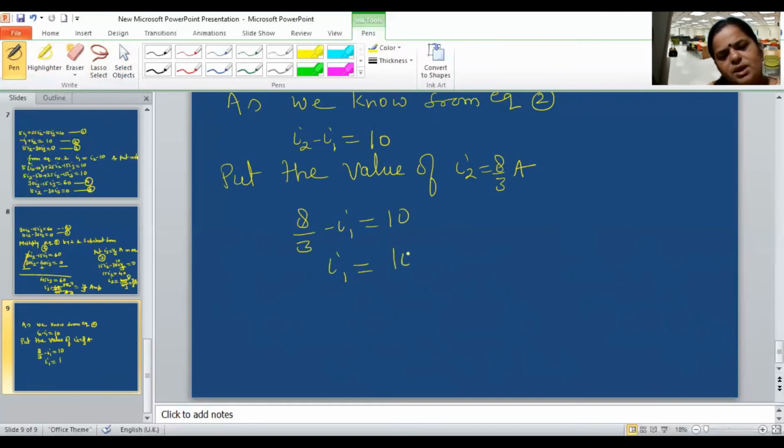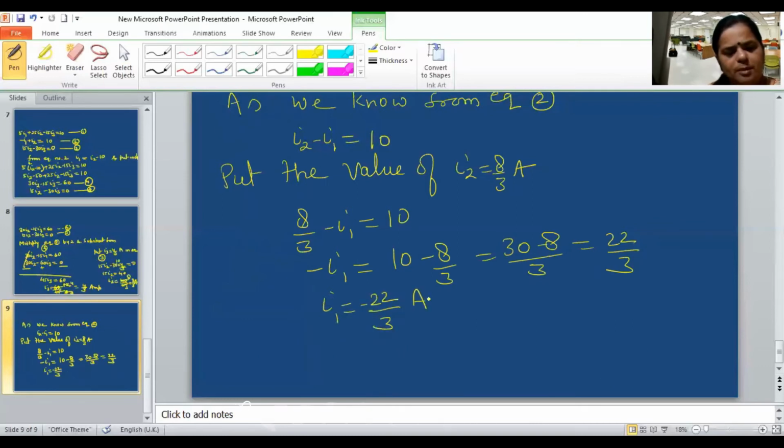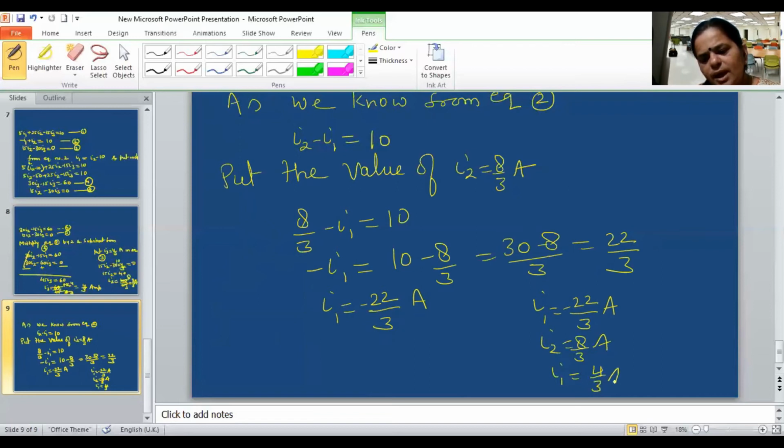So minus I1 is equal to 10 minus 8 by 3, so 30 minus 8 by 3, that means 22 by 3. So I1 is equal to minus 22 by 3 ampere. So finally, I1 is equal to minus 22 by 3 ampere, I2 is equal to 8 by 3 ampere, and I3 is equal to 4 by 3 ampere.